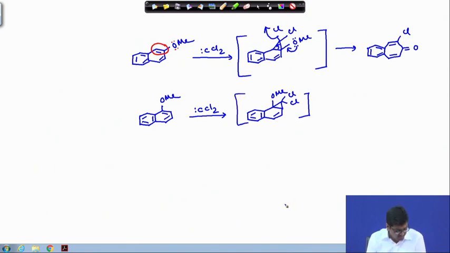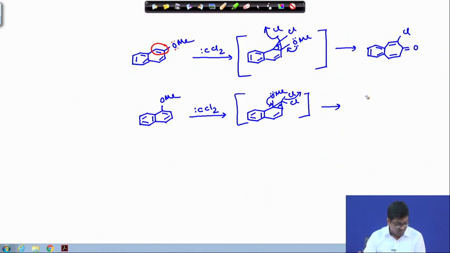And once it forms, again in a similar way, the ring will open, and the corresponding ring opening product will form.